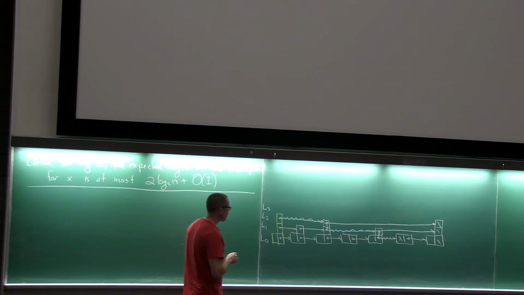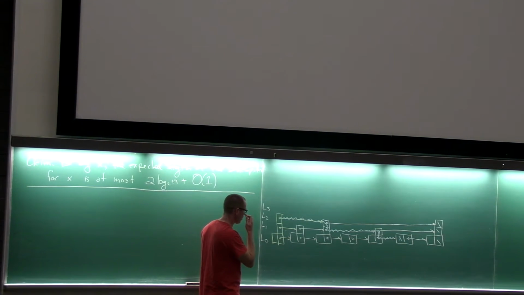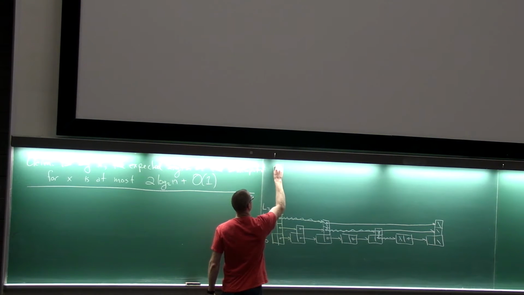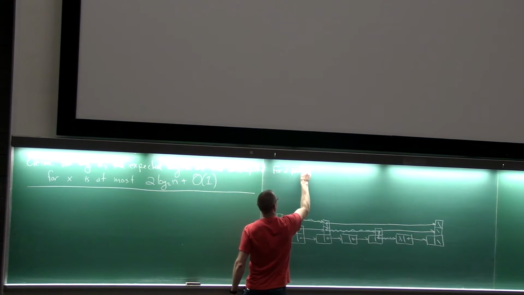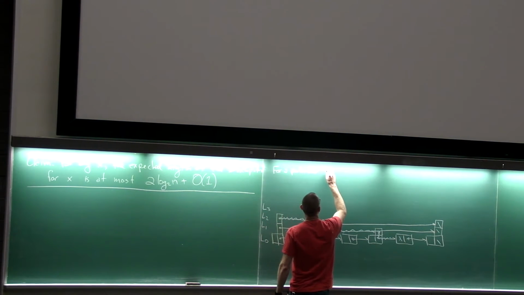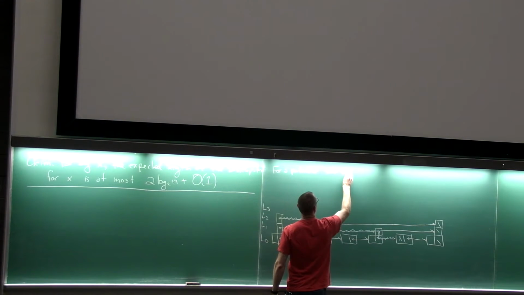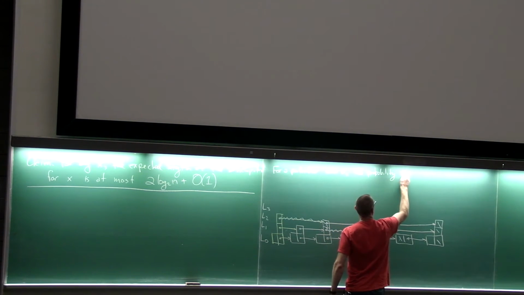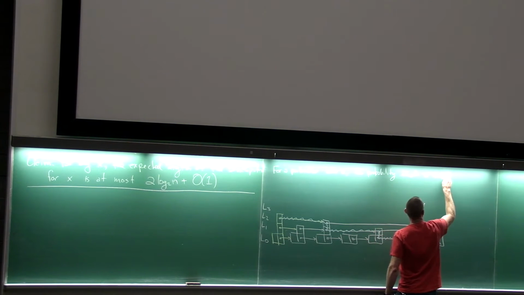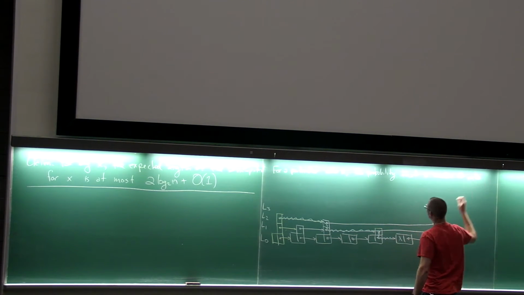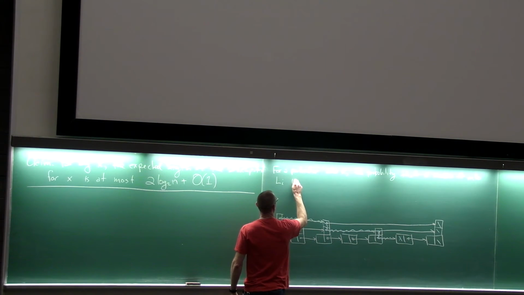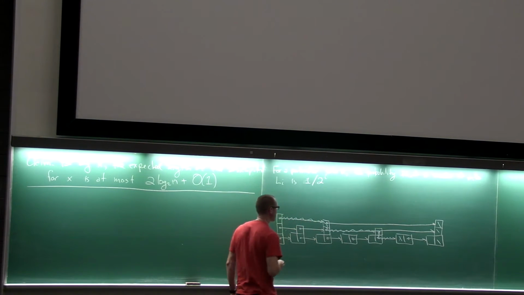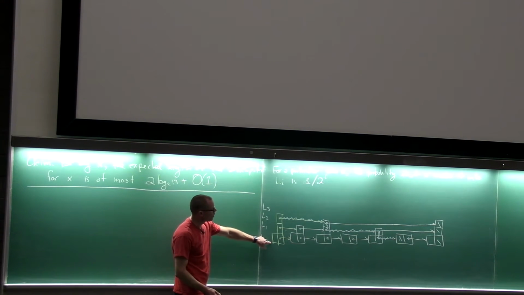And the first thing that we had done was we convinced ourselves that for a particular value of X, the probability that a particular element X in the bottom list is in list L0, well, that probability is 1.